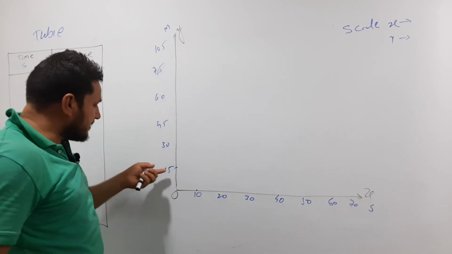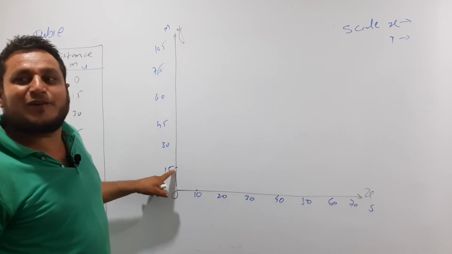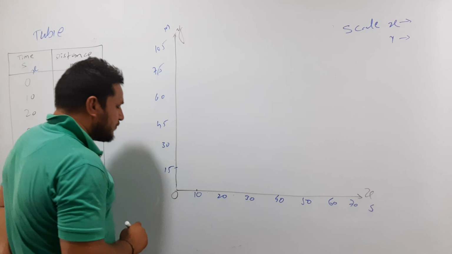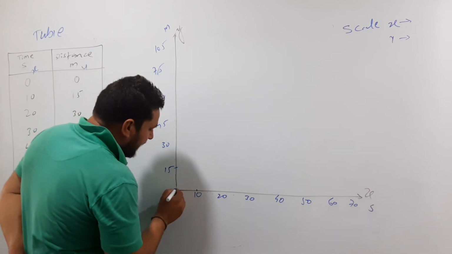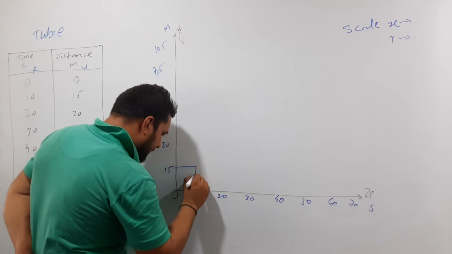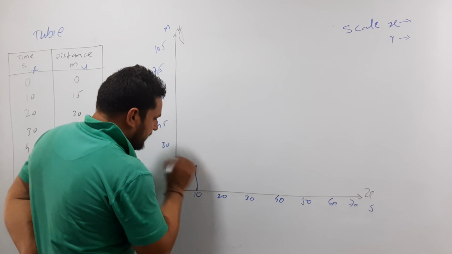Sorry, don't get confused between meter and centimeter. So our first coordinate is 15 comma 10, that is 15 from the y-axis and 10 from the x-axis. This is our first coordinate.